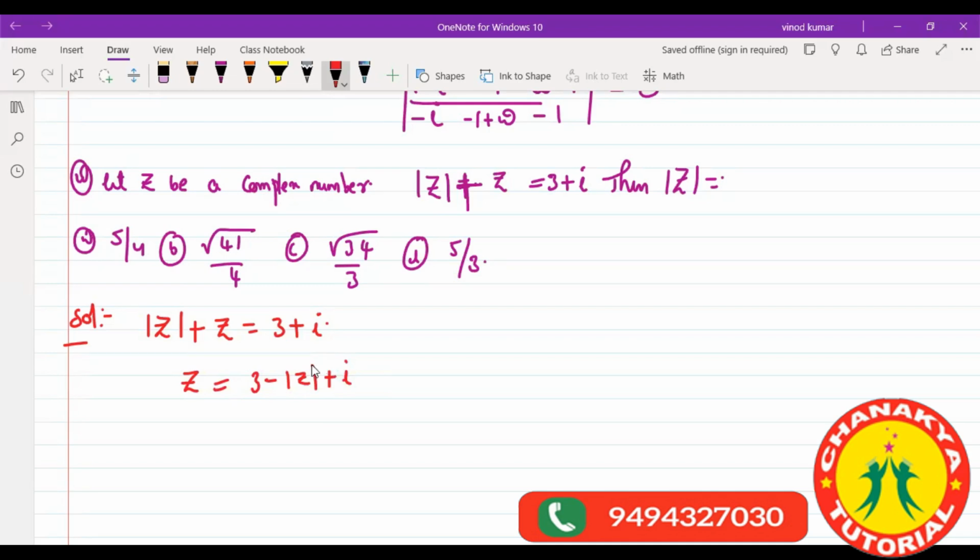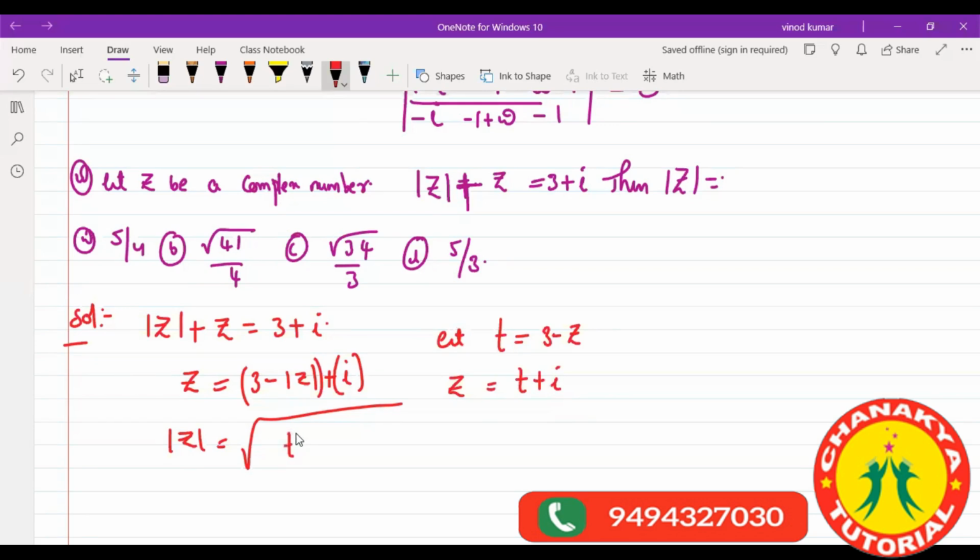Suppose we can write this: 3 minus mod z is the real part, i is the imaginary part. Mod z means square root of the real part squared plus 1. Let t equal 3 minus mod z. So z equals t plus i.